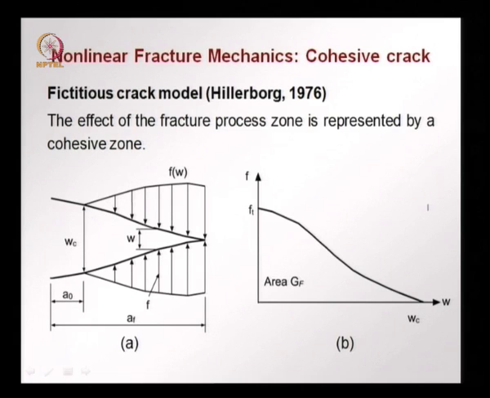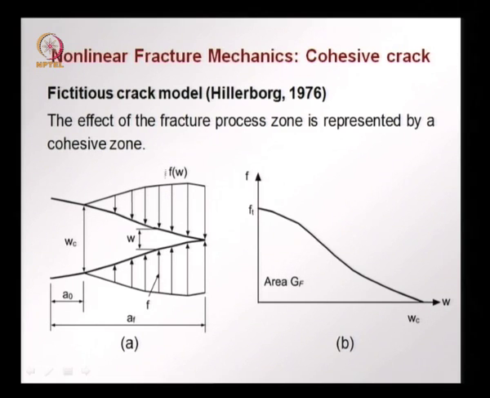So, obviously there we do not have a yield strength that is governing the stresses across the crack tip. So, a more flexible model has been suggested where we have a crack with the ends having these cohesive or closing stresses that could be defined as a function of the material.